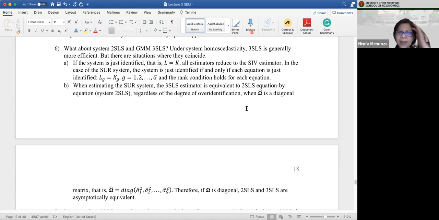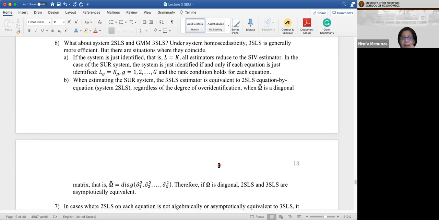Those are just special cases, and repeatedly that comes out in our results. Life becomes much simpler if L is equal to K, and if the off-diagonal elements of the variance-covariance matrix of the disturbances, omega, are zero.